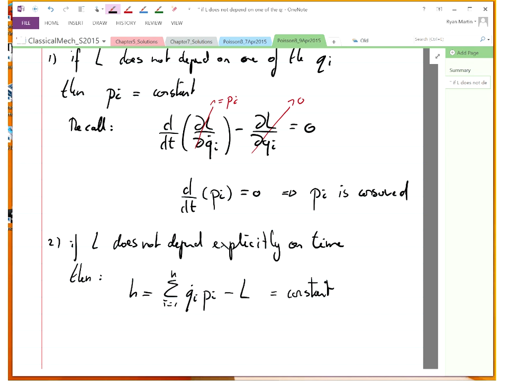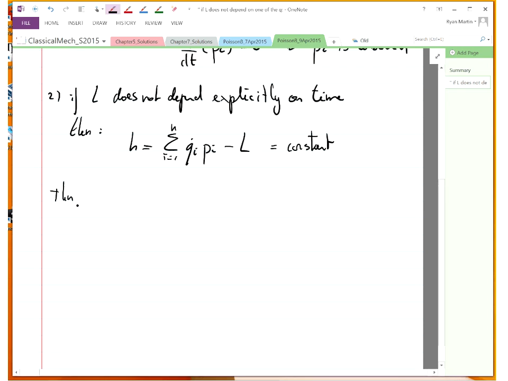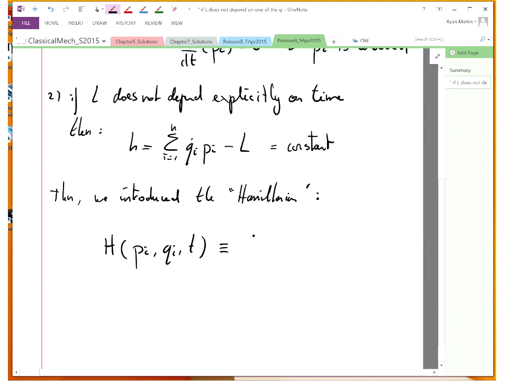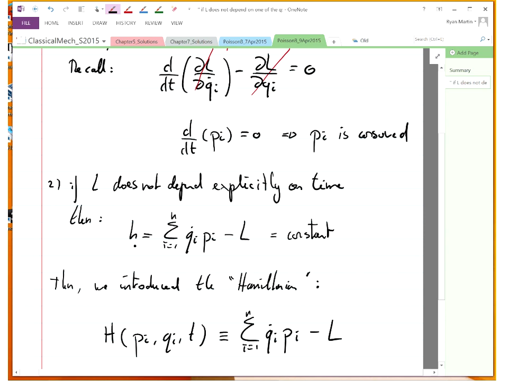Okay. Next, we introduced the Hamiltonian, H. And so H is a function of the pi, the qi, and t, is defined to be the sum from i equals 1 to n of qi dot pi minus L. So it's very much like the Jacobi integral lowercase h that I wrote above.